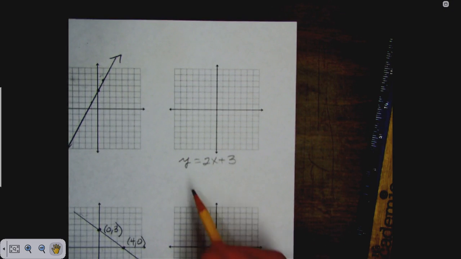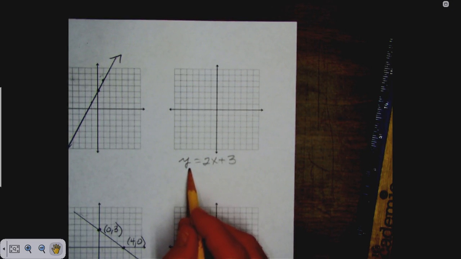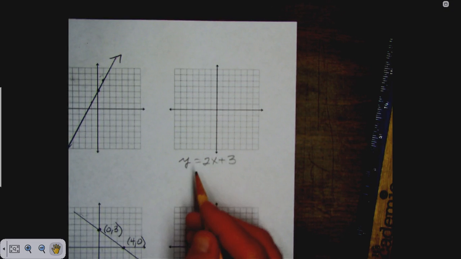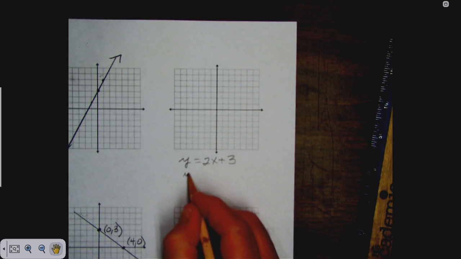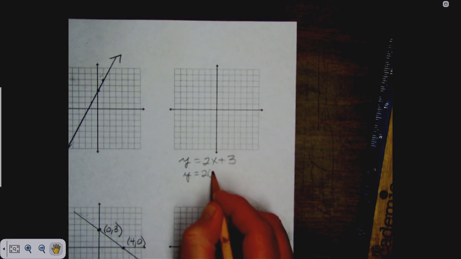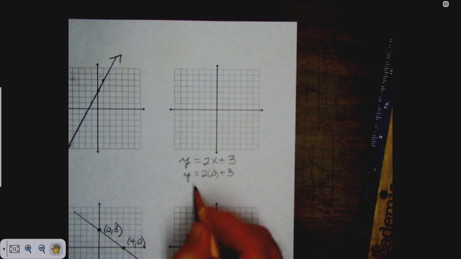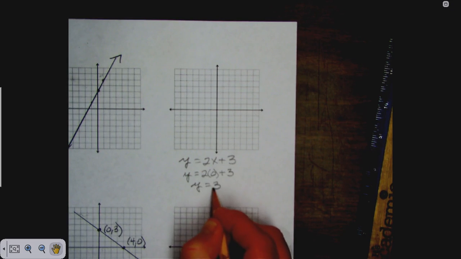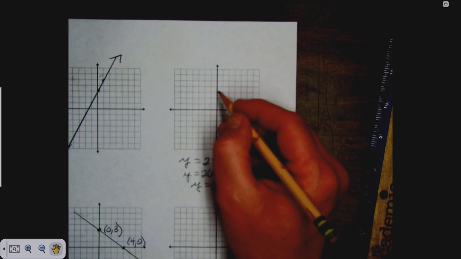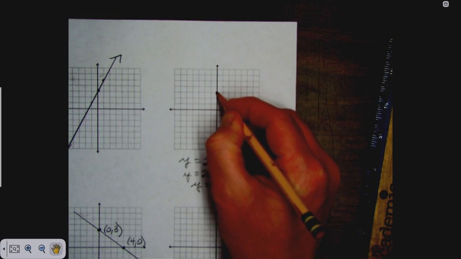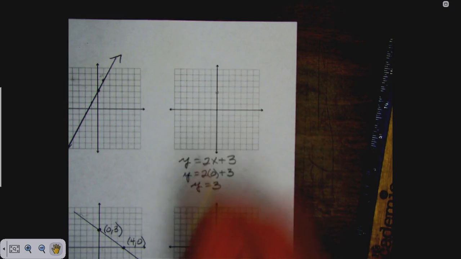So to find the y-intercept, I'm going to set x to 0. If I go y is equal to 2 times 0 plus 3, I get y is equal to 3, and that is my x-intercept. I'm sorry, that is my y-intercept.